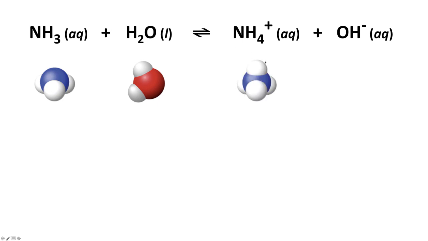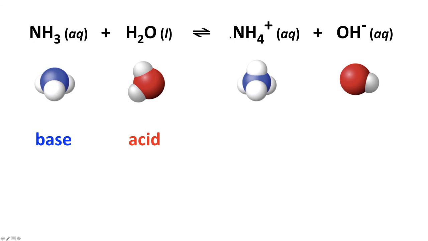And that will make NH4 plus and leaves an OH minus. And so we can have a proton transferred from H2O to NH3. That means that NH3 is a Bronsted Lowry base and H2O is a Bronsted Lowry acid.